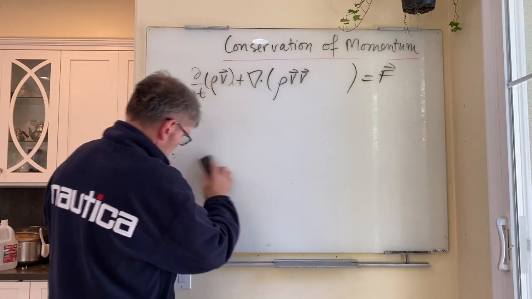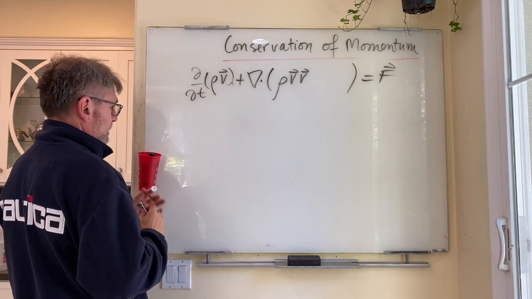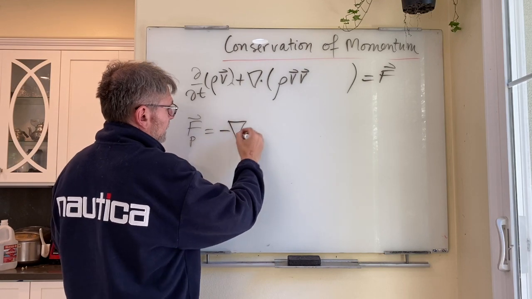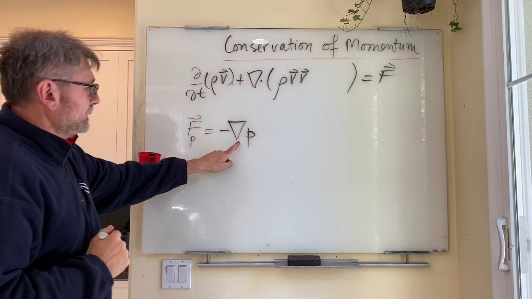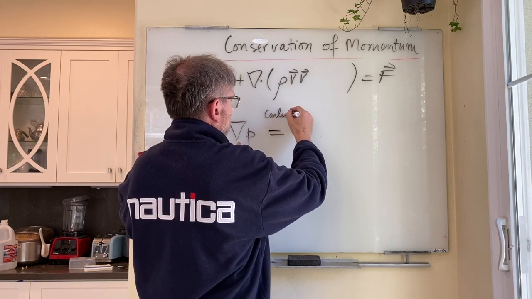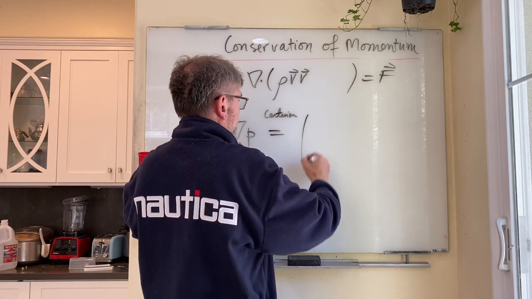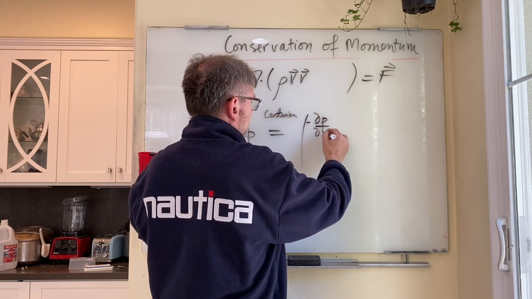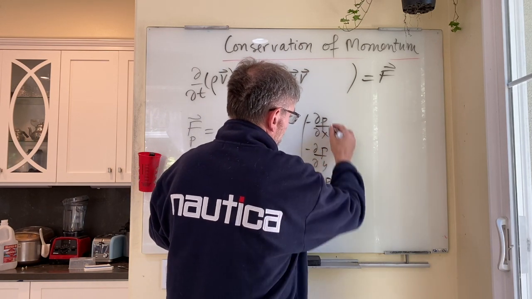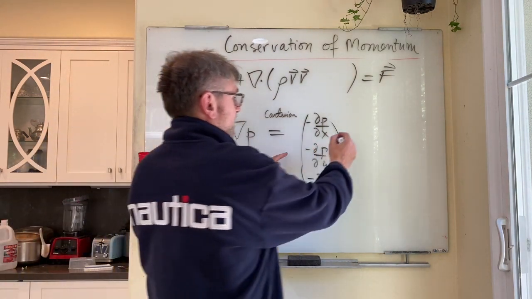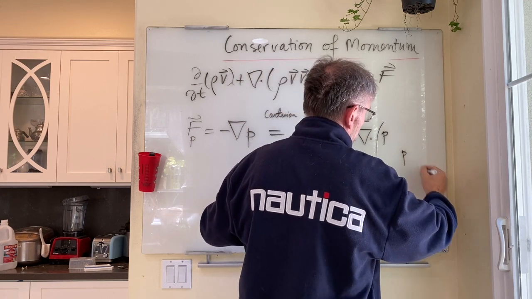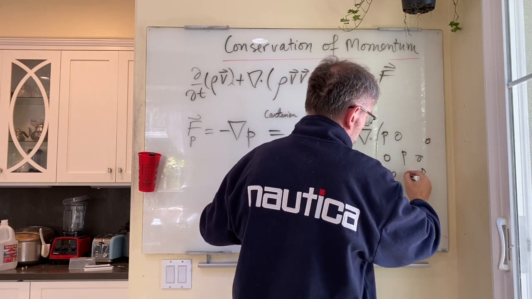So if I do that, the pressure force F_P is equal to minus grad P. And we can write that in Cartesian components as minus dp dx, minus dp dy, and minus dp dz. And it could also be written as the divergence of the matrix with P on the diagonal and 0 everywhere else.